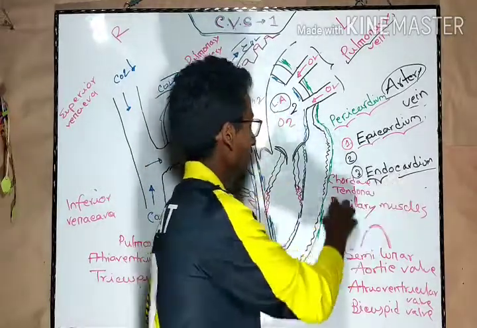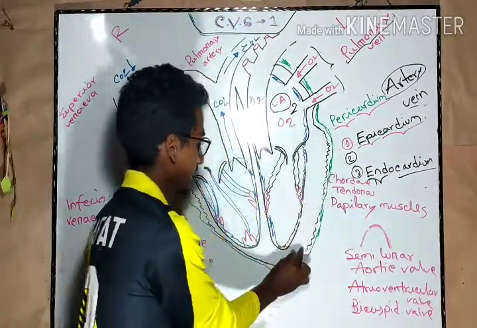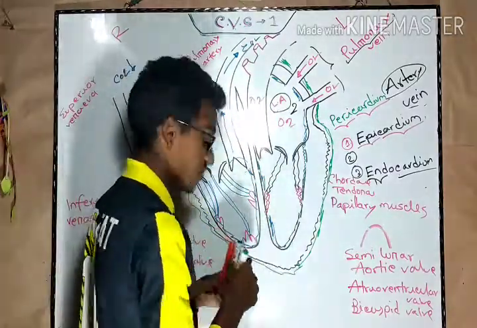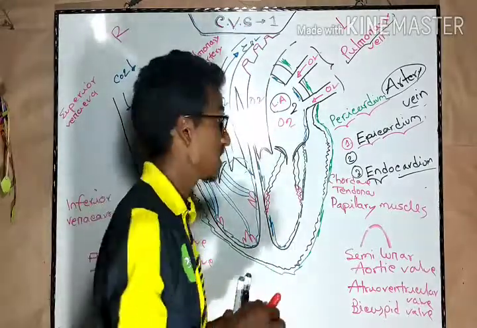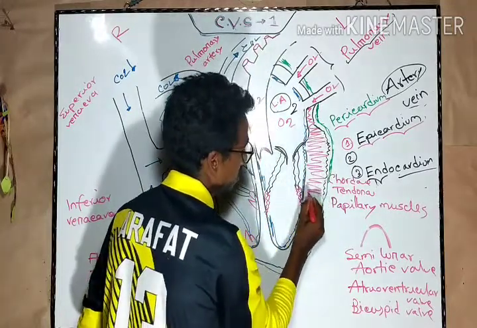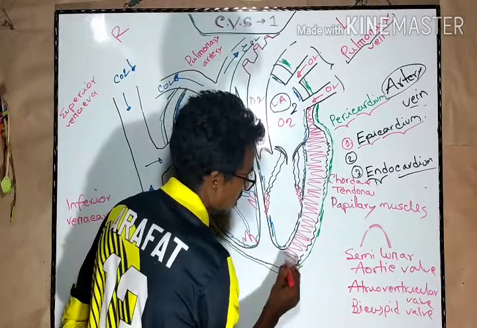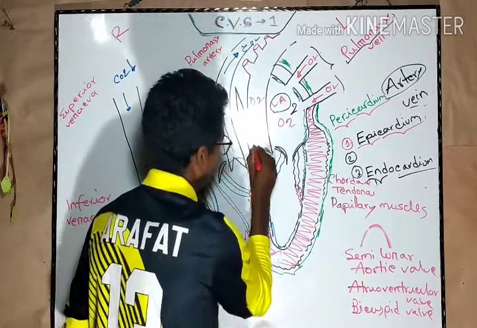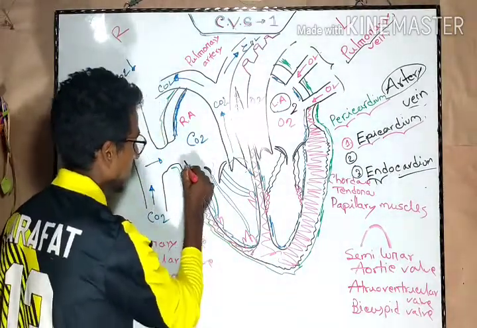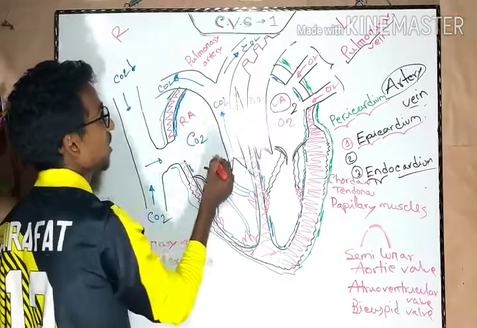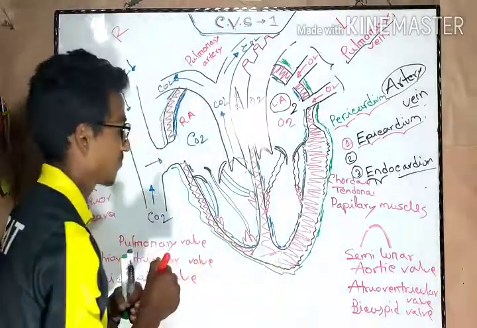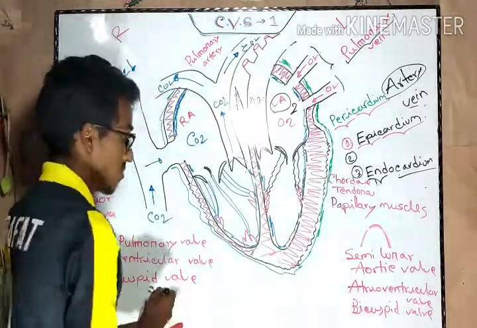Here is the middle layer of the heart. This middle layer is made up of specialized muscles called cardiac muscles, lots of cardiac muscles. Here the wall of the right ventricle, the wall of the right atrium, the wall of the left atrium are cardiac muscles.